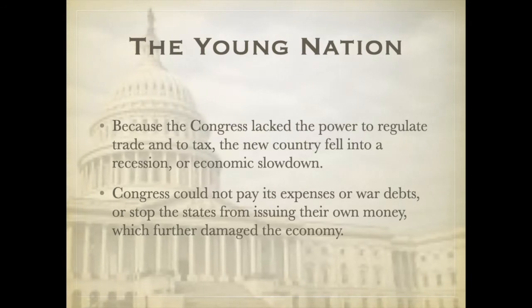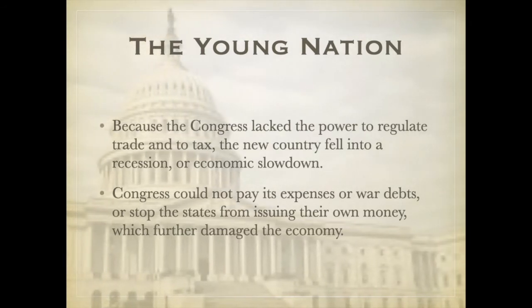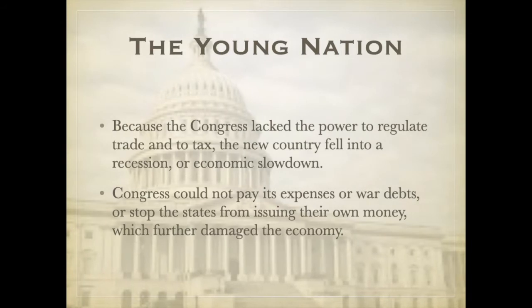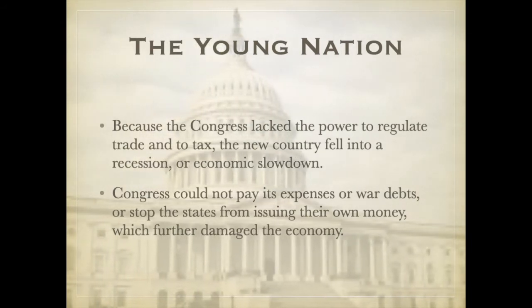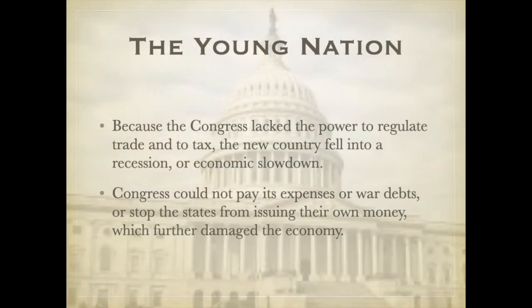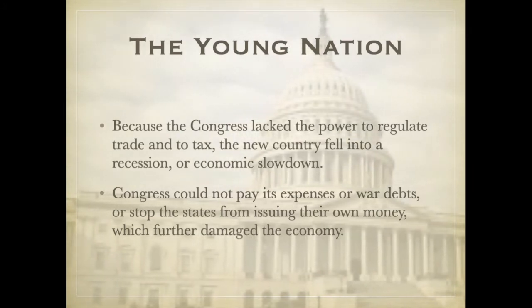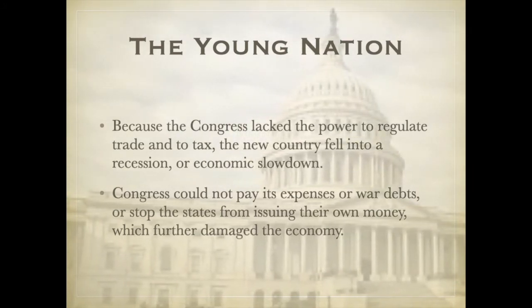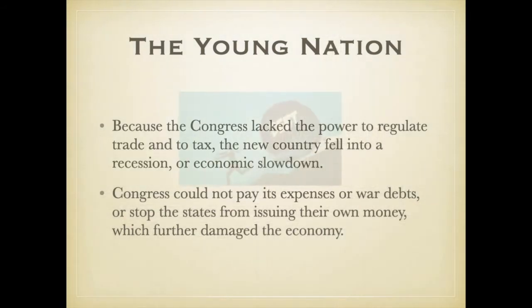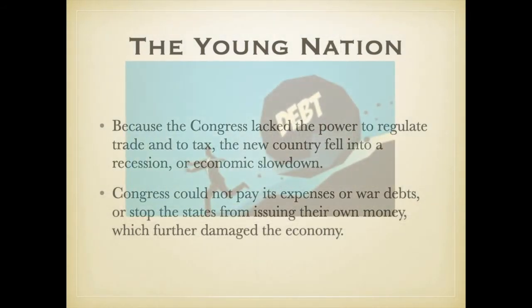Because the Congress lacked the power to regulate trade and to tax, the new country fell into a recession, or economic slowdown. Congress could not pay its expenses or war debts, or stop the states from issuing their own money, which further damaged the economy.